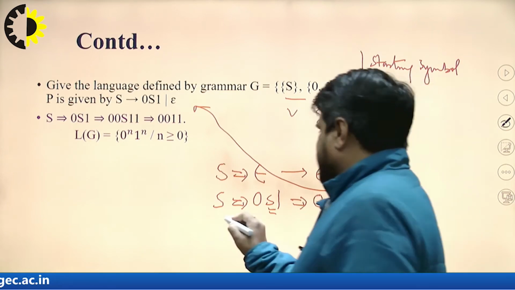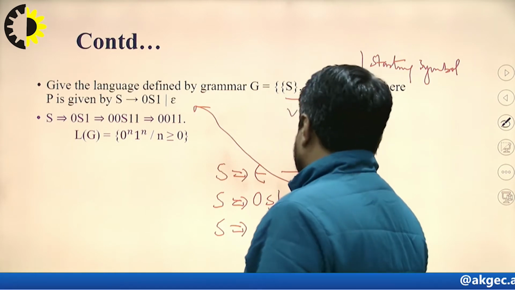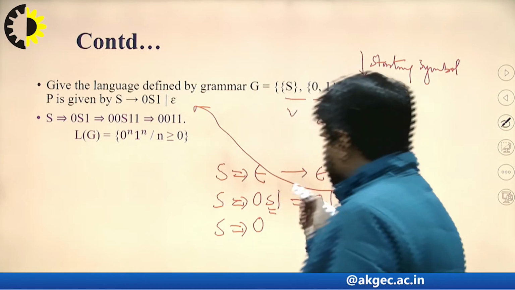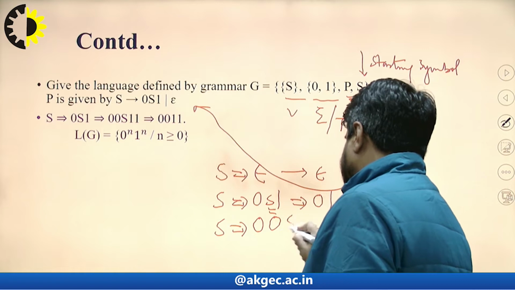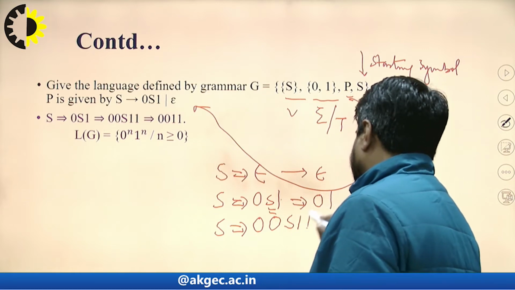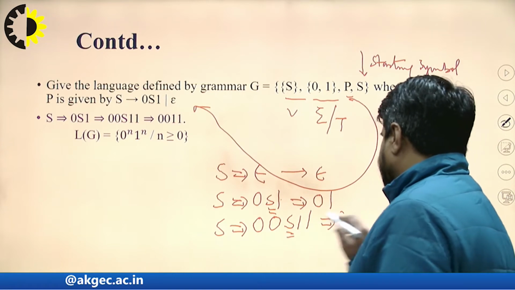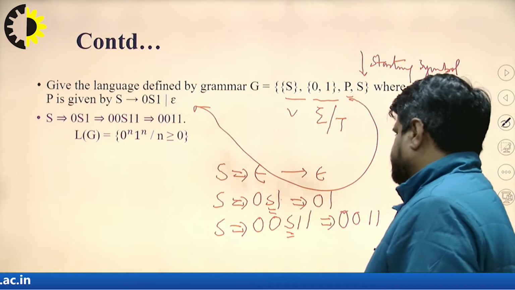What happens if we again expand it? Once again, S is replaced by 0 S 1. So it is 0 S 1 and the previous one will be here. After that, this S will be replaced by epsilon, then you will get 0 0 1 1, right?